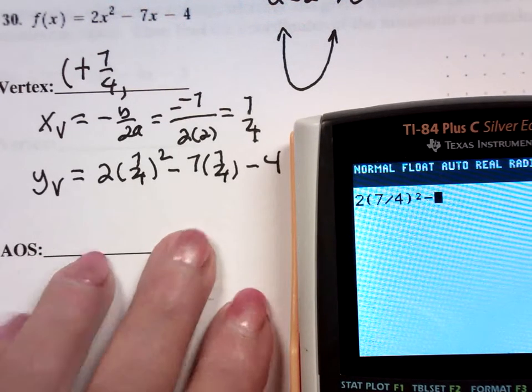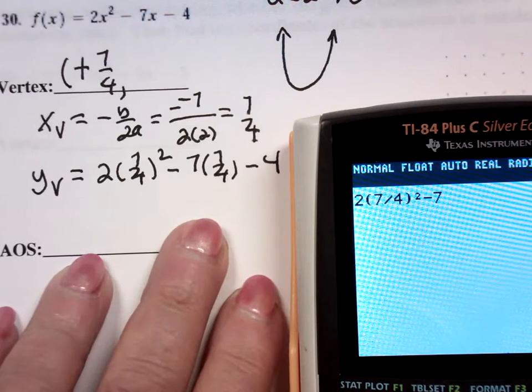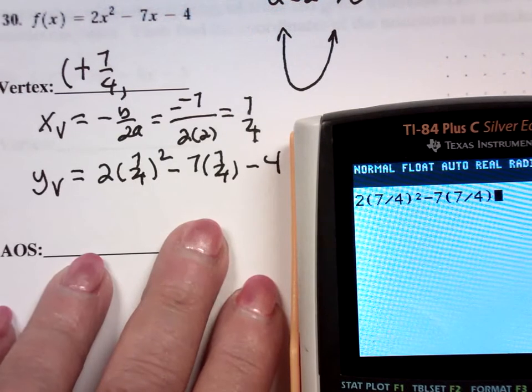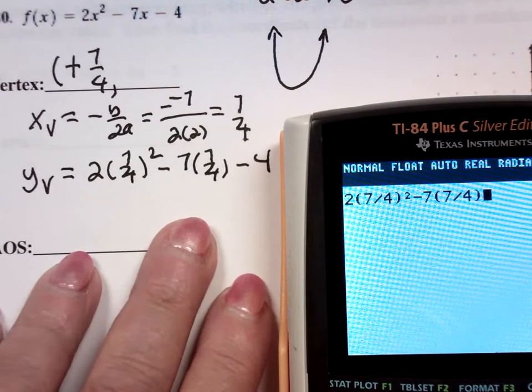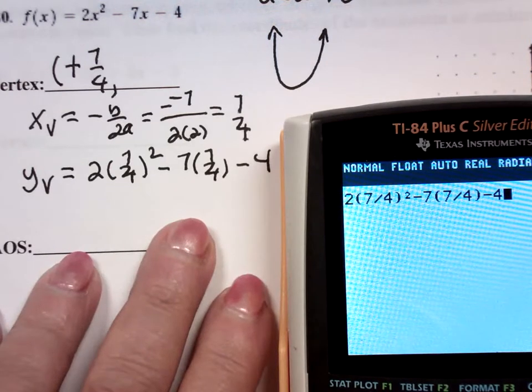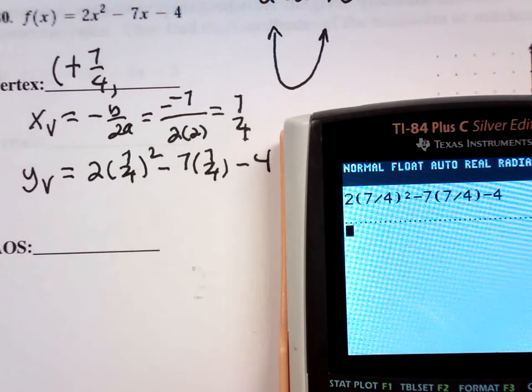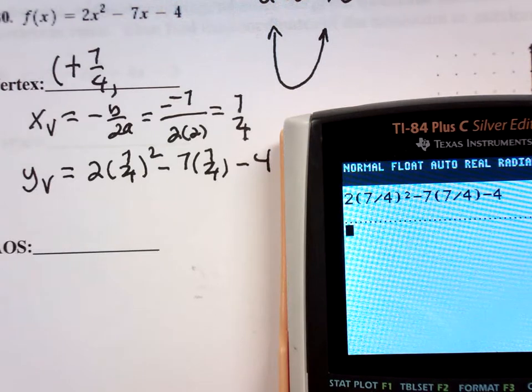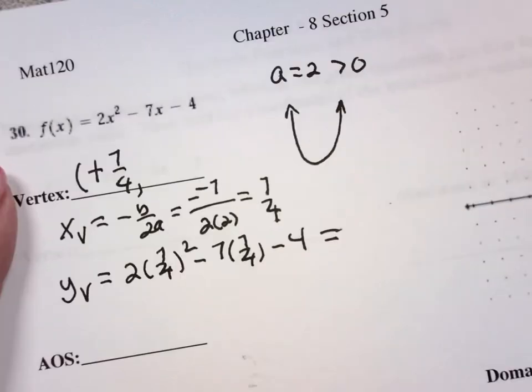Minus 7 times 7 divided by 4. Again, I put it in parentheses because x is 7/4. Minus 4. And it's negative 10.125.